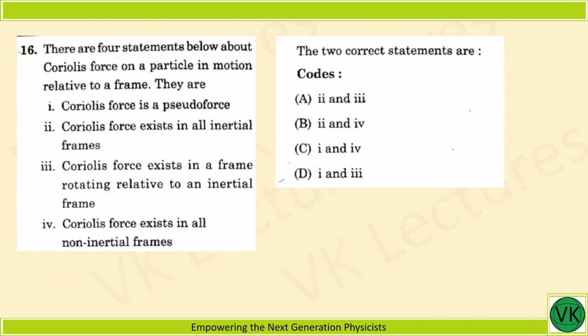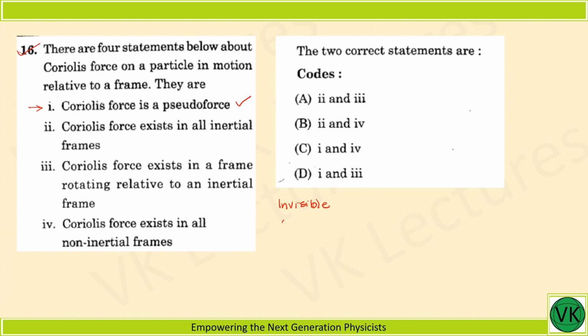So coming back to question 16, the four statements. Coriolis force is a pseudo force. We have already discussed this. It is an invisible force. So option 1, that means the first statement, is correct. Now, Coriolis force exists in all inertial frames?